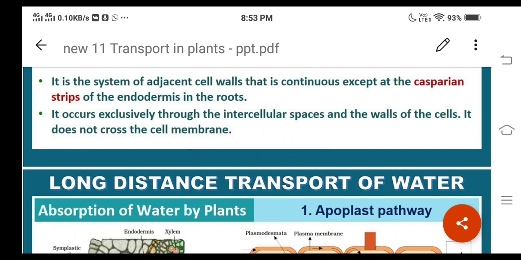During the apoplastic pathway, the water will not cross the cell membrane or plasma membrane. How will the water move here? It will move exclusively through the intercellular spaces and the walls of the cells. This is an important point.